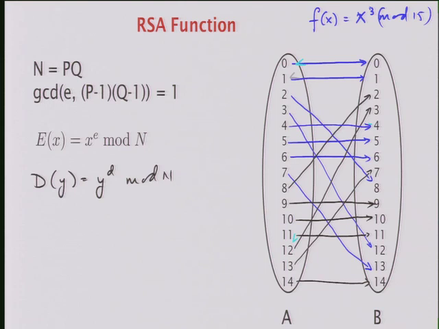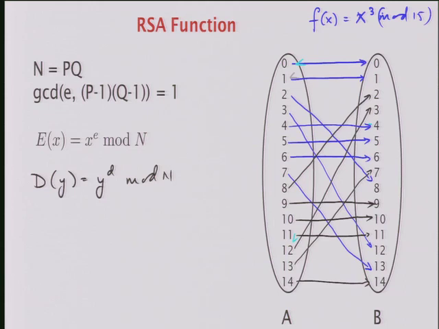We'd have been working a lot harder. But now imagine that N was a 1,000-digit number, and we picked E to be a 900-digit number. That would take a lot of multiplications for us to compute x to the E. So that's why you try to pick E equal to 3, so that it's very quick to compute x cubed mod N.